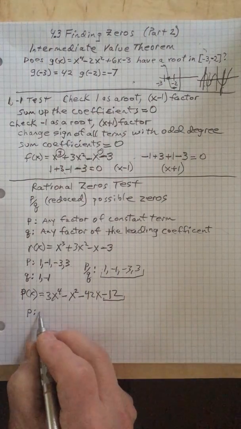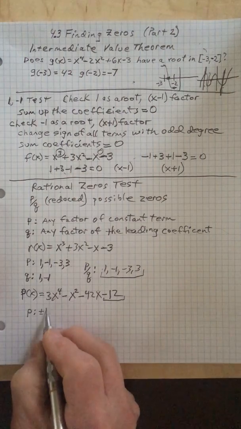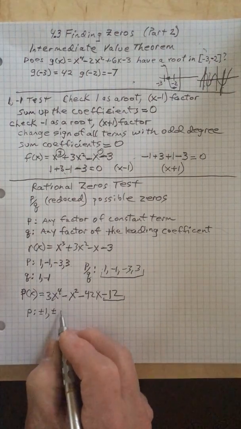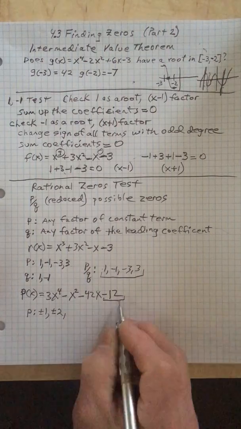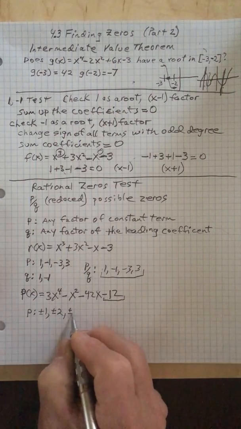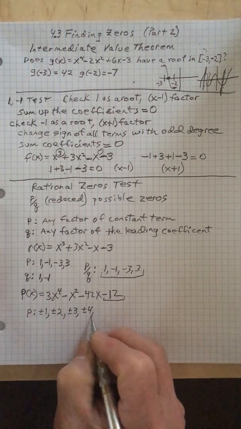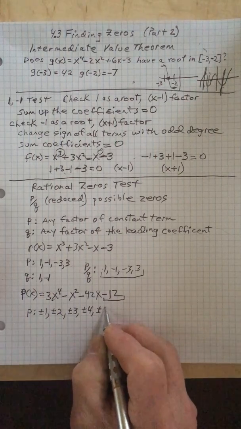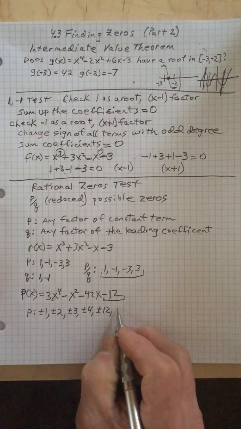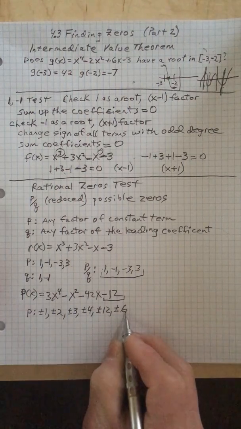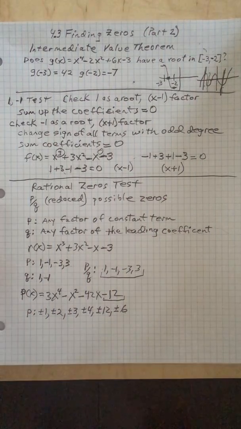We've got plus and minus 1, they're always factors. 2 goes into 12, so we could divide it by a positive or a negative 2. 3 goes into 12. 4 goes into 12. 6 goes into 12. And 12 divides itself.